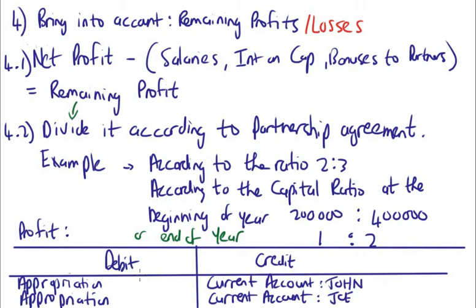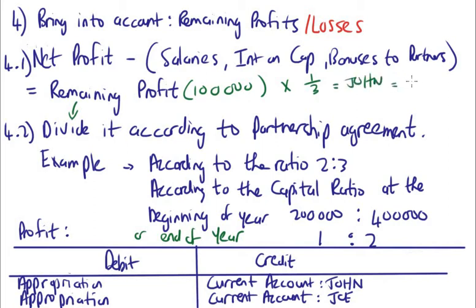So in our example, if the ratio is 1:2 and the remaining profit was, let's say, 100,000 Rand, then you take 100,000 multiplied by 1/3. Why 3? Because you've got to say 1 plus 2. And that will basically go to John.